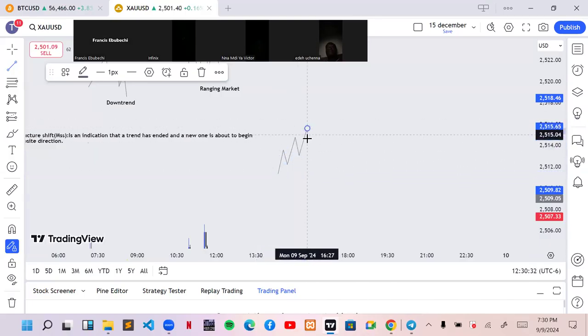And all of a sudden, the market did something like this: a lower low. What just happened is a market structure shift. The current trend is ending and a new one is beginning in the opposite direction. So at this place, the price made a lower low, so you mark it out as your market structure shift. So that's MSS.